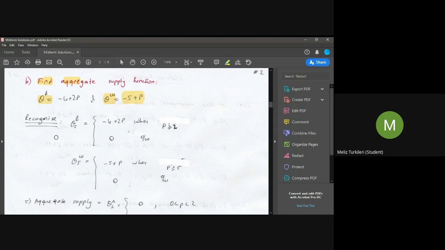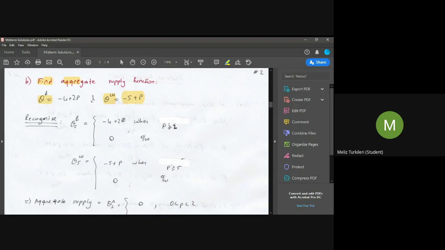So we have to do the same calculation for the supply function. We need to check for the price level. Recognize that for the black shirt factory, when the price is higher than 2, what happens? Let's assume that the price is 3. This part should be 6. I'm sorry, when the price is lower than 2, let's assume that it is 1, what happens? This part should be negative.